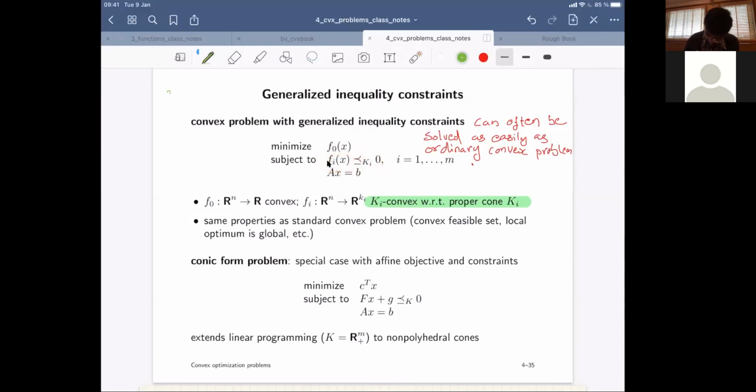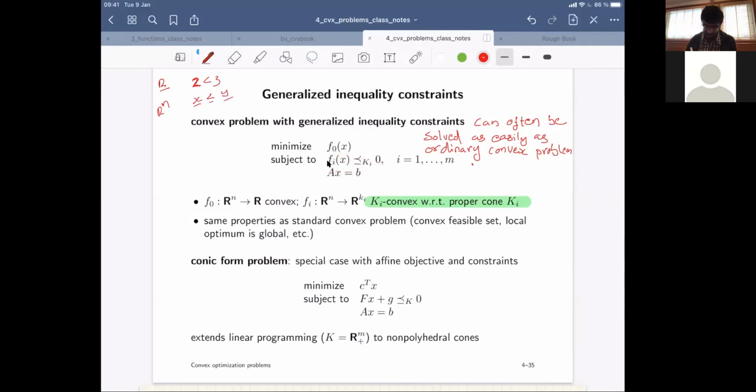In the real variable case, for example in R, you can say that 2 is less than or equal to 3. But what happens in R^n? You have a vector. How do you say vector x is less than or equal to vector y?